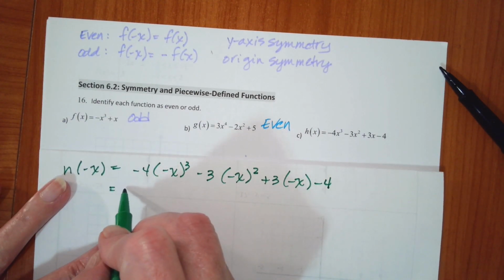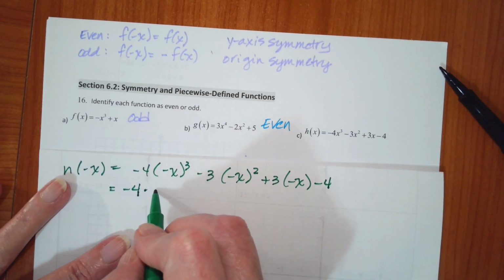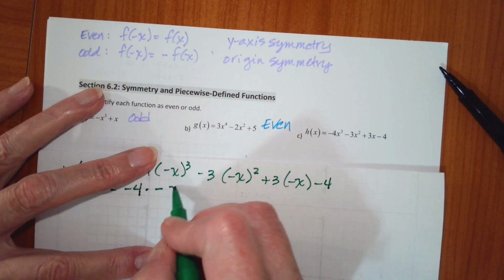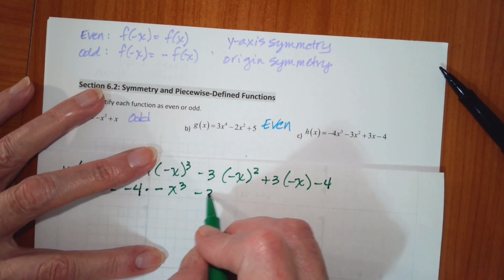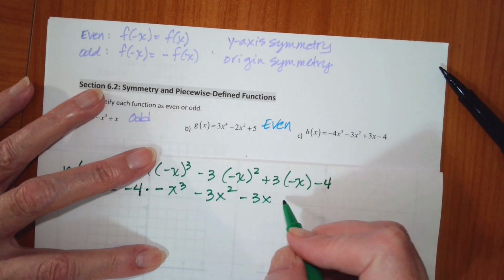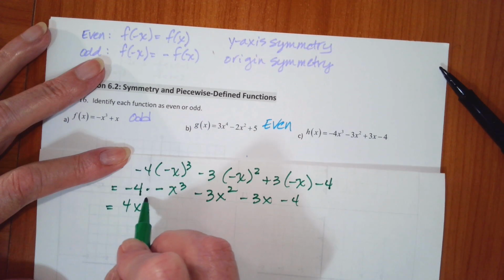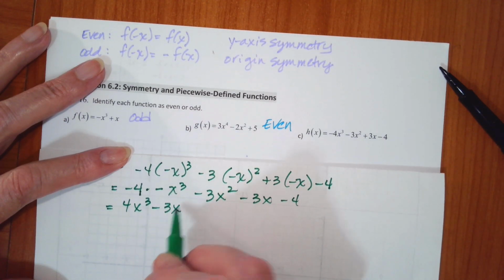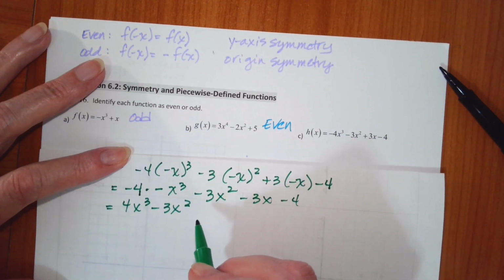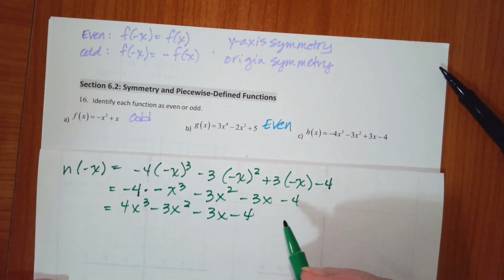So that is negative 4 times the opposite of x to the third minus 3 times x to the second minus 3x minus 4, which is 4x to the third minus 3x squared minus 3x minus 4.